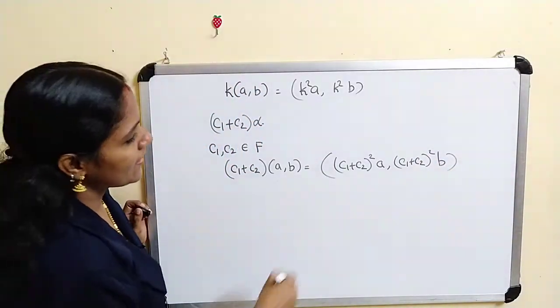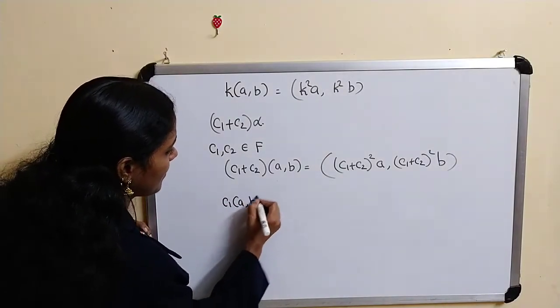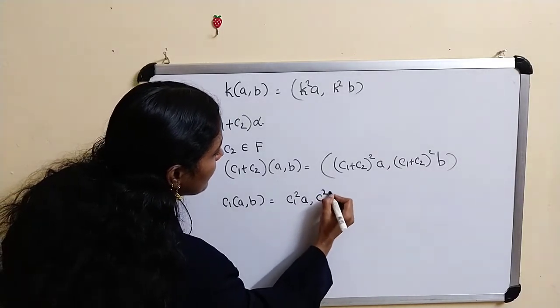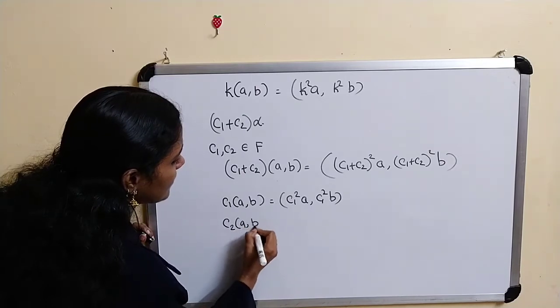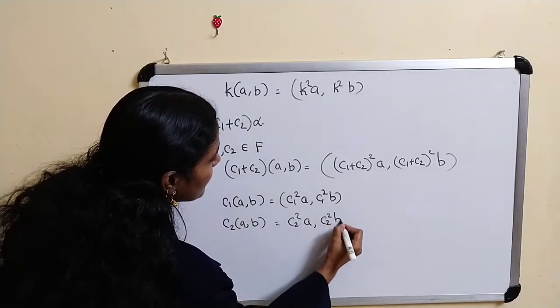Now what about c1(a,b)? This is equal to (c1 square a, c1 square b). What about c2(a,b)? This is (c2 square a, c2 square b).